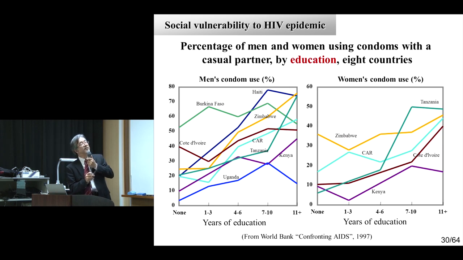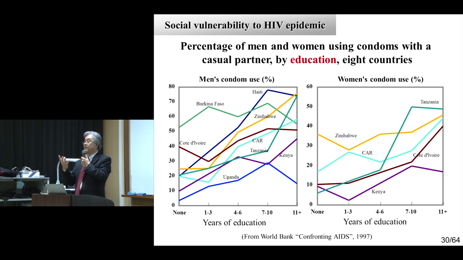The next slide is much easier, I think. This slide shows the years of education and condom use, men and women separately. So the higher the years of education, the higher the use of condoms. So it is because of education.